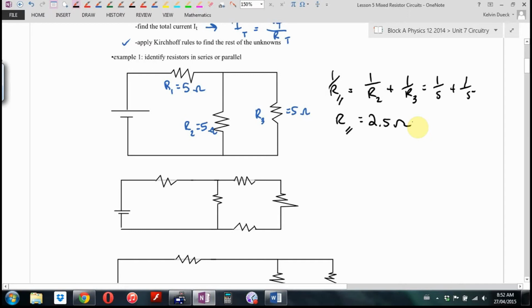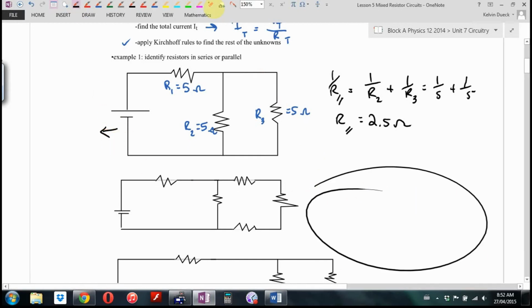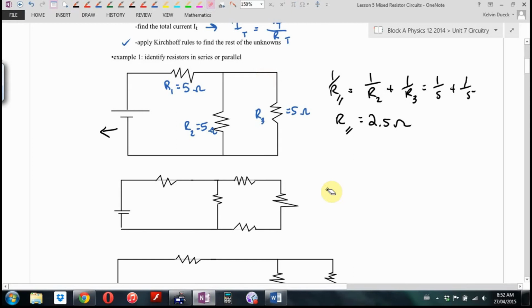If I was going to redraw this as its mathematical equivalent, which I'm going to do over here, I have a voltage source, a 5 ohm, and a 2.5 ohm.